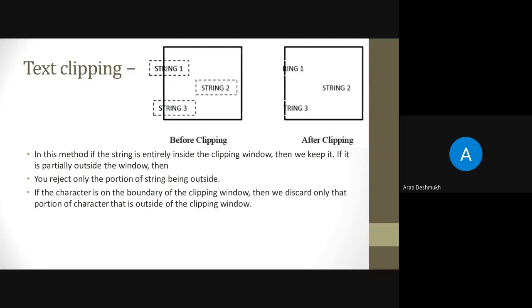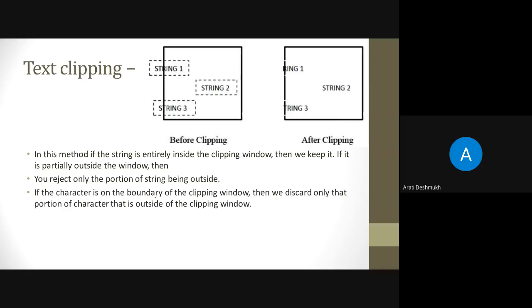Next is text clipping. Text clipping clips the part of the character which is outside the clipping window. In this case, we decide which part of the character is visible.